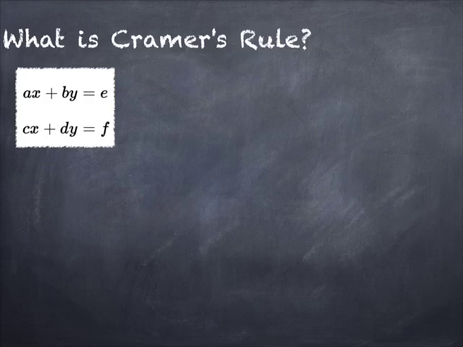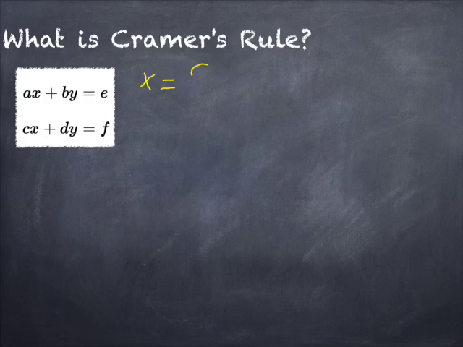Cramer's rule is a way to solve systems of linear equations that look like this, but we're going to use determinants. The reason we can use determinants is because if we solve this system by either substitution or the linear combination elimination method, we end up getting two values for x and y.